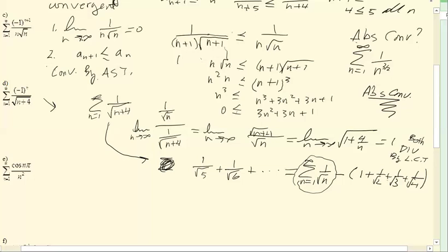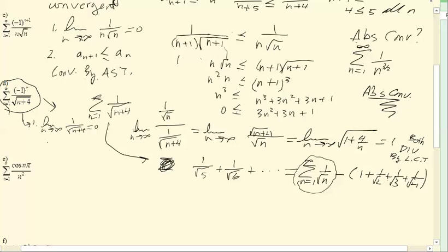Okay, so fact is, when you look at this problem, you'll see that number 1, the limit as n goes to infinity for this 1 over root n plus 4 does equal 0.